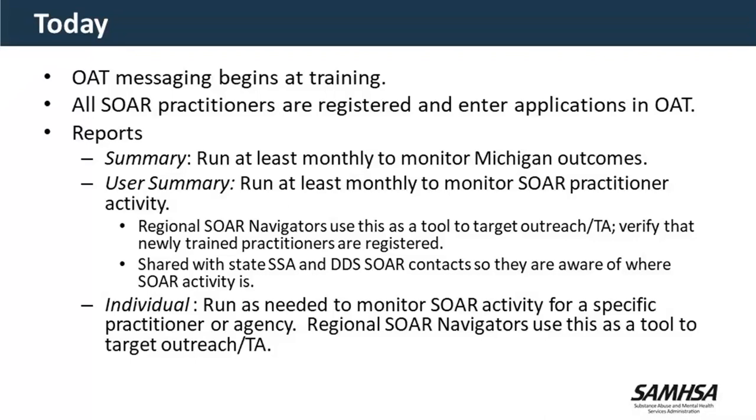Or if they have really great outcomes, we always encourage them to reach out to state leadership and the Technical Assistance Center to let us know so that we can share that information on our bi-monthly statewide calls.